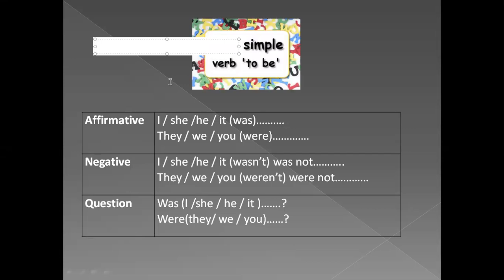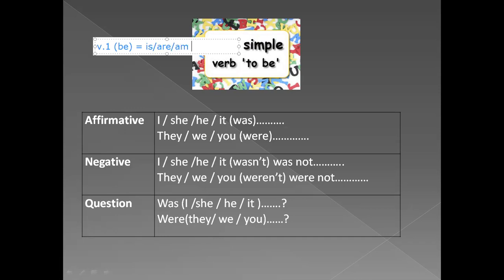So the verb one of verb to be, which is is, are and am.